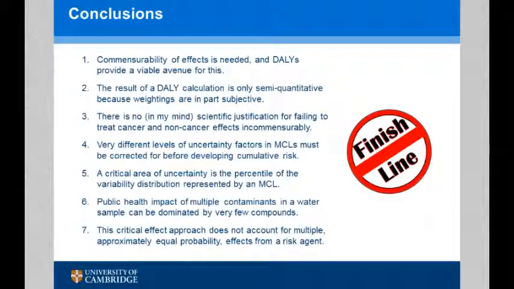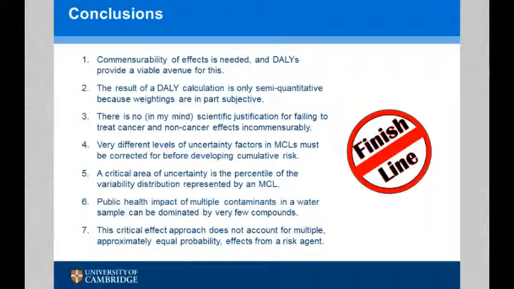We should try to harmonize cancer and non-cancer effects. We do that here in the EU more than is true in the United States. Very different levels of uncertainty factors have got to be stripped out before you do cumulative risk. Otherwise, you get, as we saw in those figures earlier, very different actual impacts of selecting a water supply at these different MCLs for different compounds.